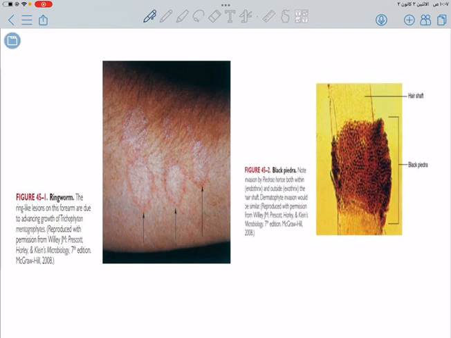This table, I want from it one thing only. You can see we said dermatophytes are Microsporum, Trichophyton, Epidermophyton. Microsporum can infect hair and the skin.